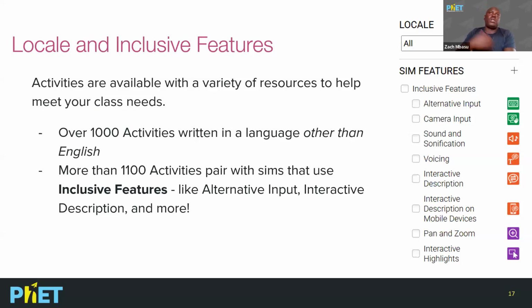We have a lot of inclusive features on our PhET website and the PhET simulations, just to make sure that our learners with special needs have got that access. And so there are more than 1,000 of these activities that you can filter and pair with the inclusive features that we have.